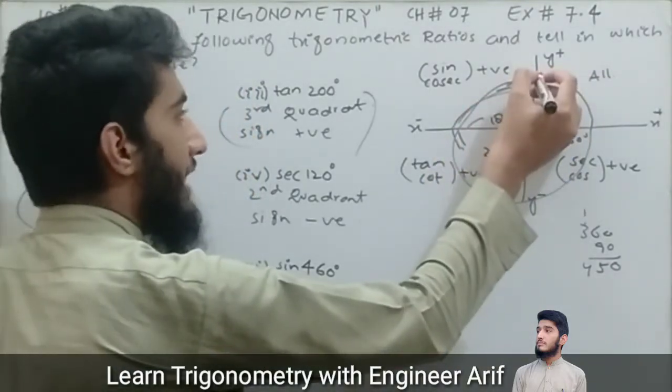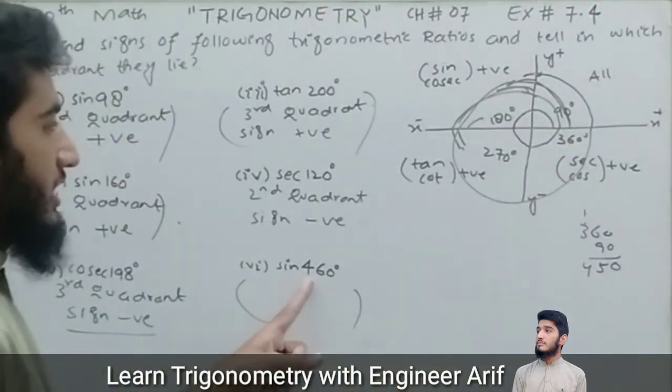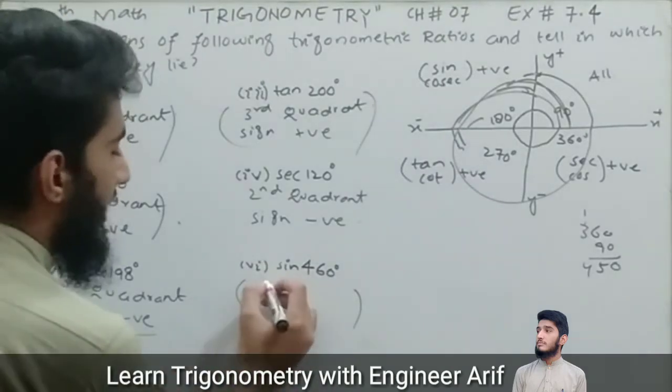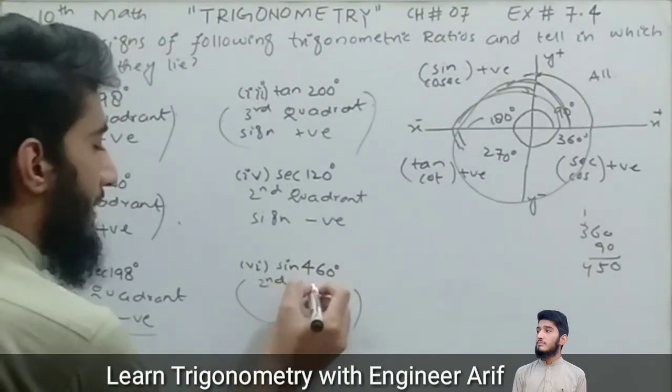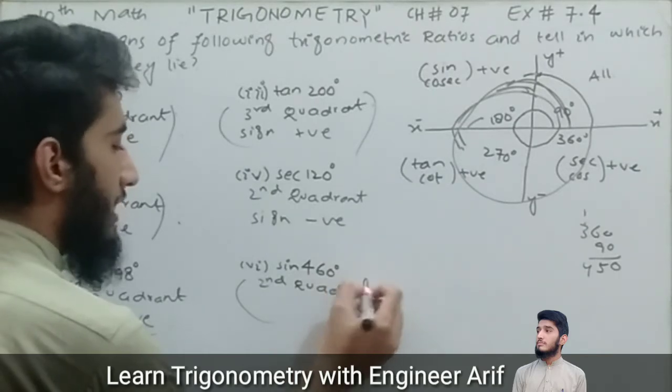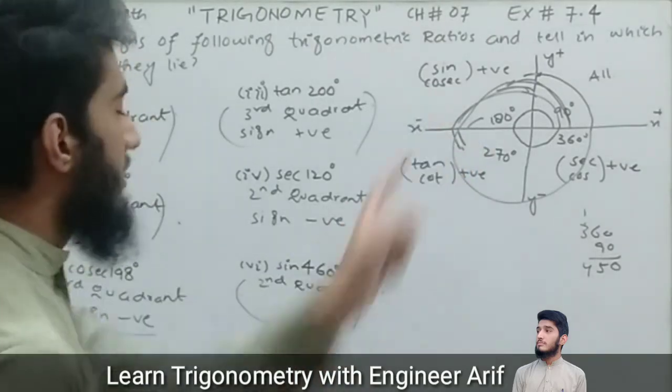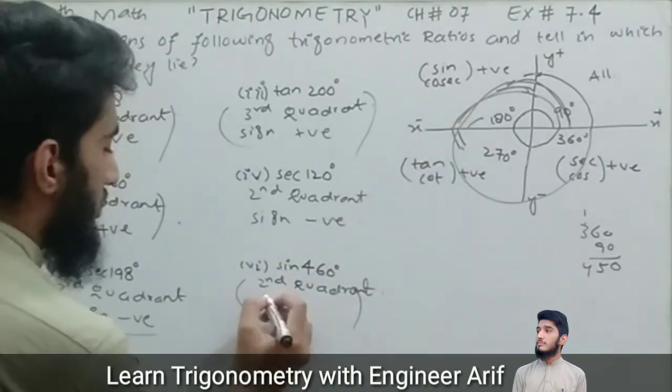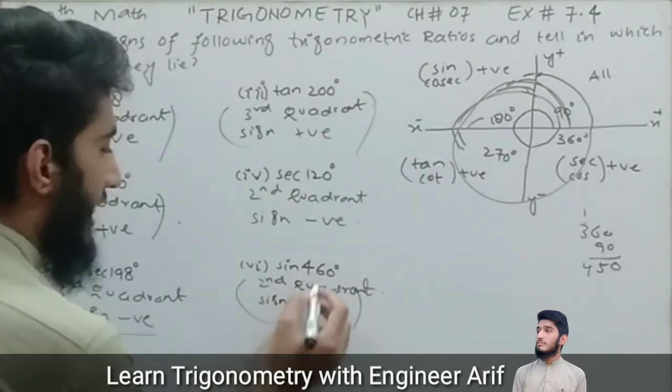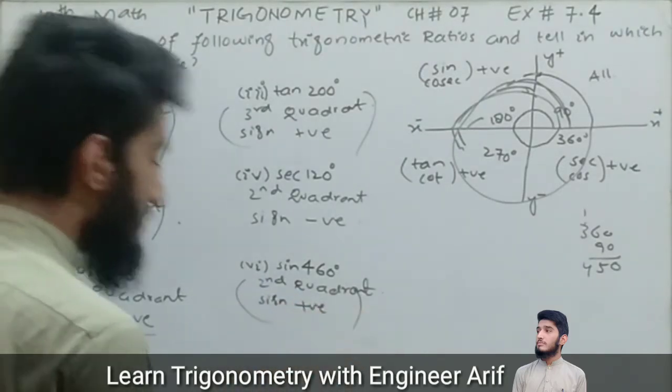Further to the next quadrant, it will cover 460 degree. It means that sine 460 lies in the second quadrant, where sine is positive. So the sign of the last part, sine 460, will be positive.